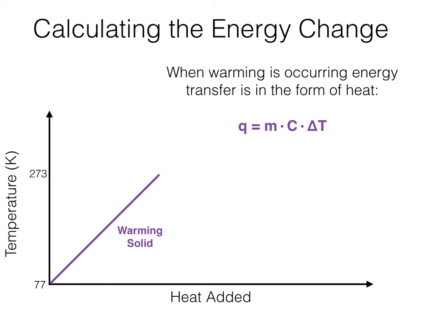We are warming the ice cube from 77 Kelvin to the melting point, 273 Kelvin. And when this temperature is changing, so notice that in this graph, the temperature is changing. In these regions of the heating curve, when the temperature is changing, we solve these problems with calorimetry. And so that's the Q equals MC delta T.